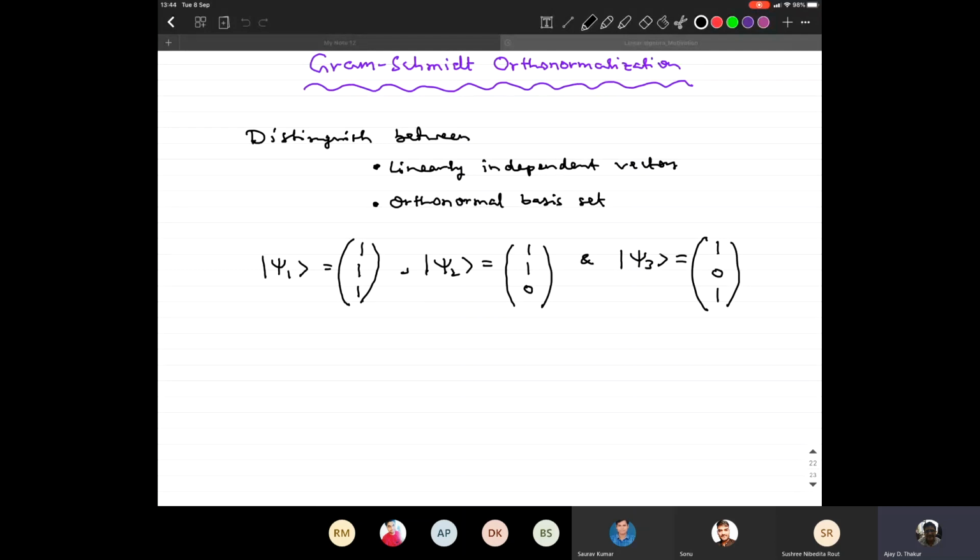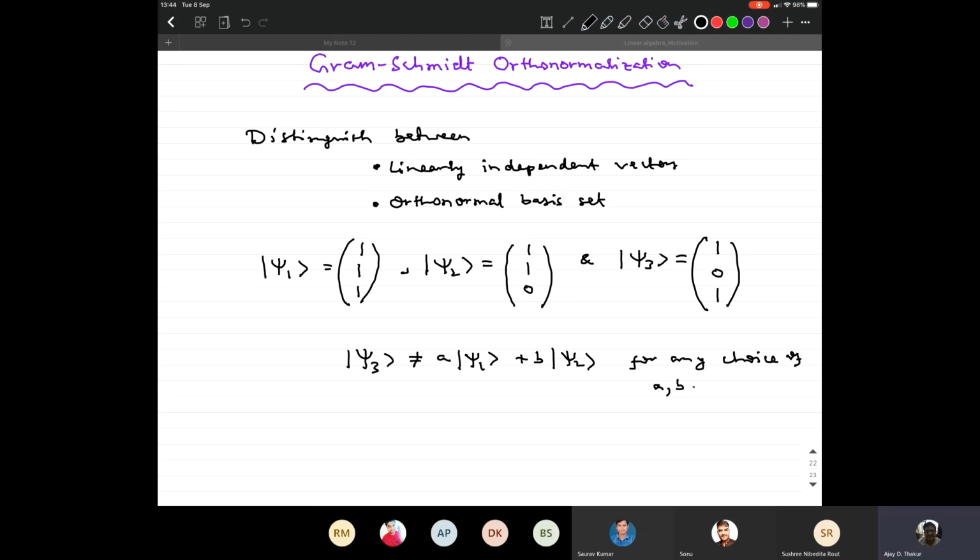You can check that. You can never write psi3 as a psi1 plus b psi2 for any choice of a, b. Whatever a, b you choose, you would never be able to write psi3 as a linear combination of psi1 and psi2.